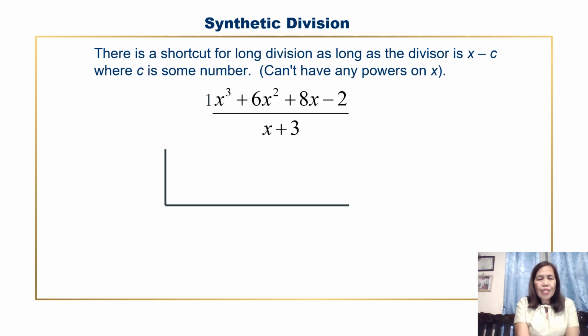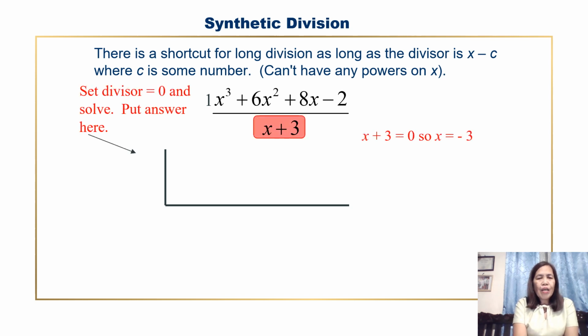So let's see, we have x cubed plus 6x squared plus 8x minus 2 divided by x plus 3. First, we need to set the divisor equal to 0 and solve. That is what we call the test 0.